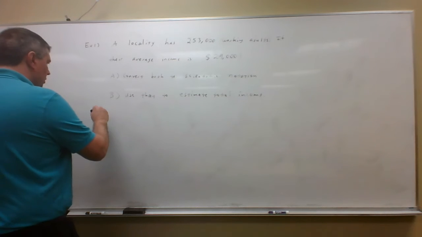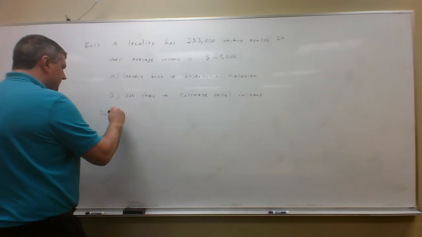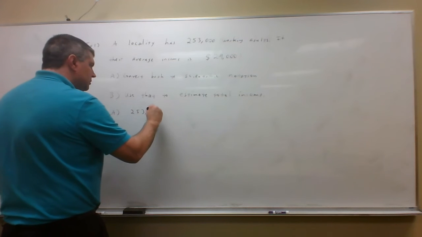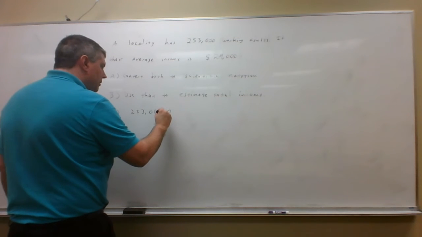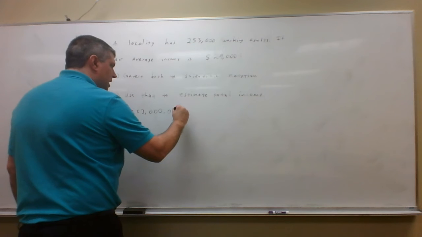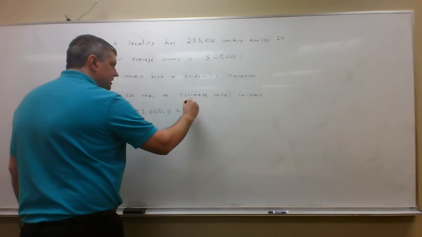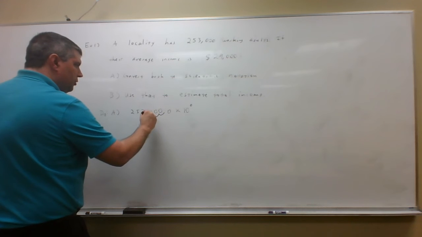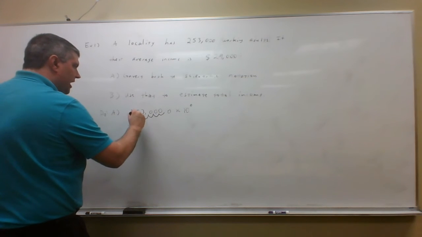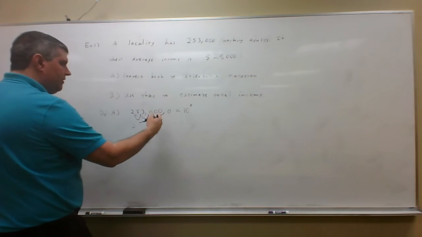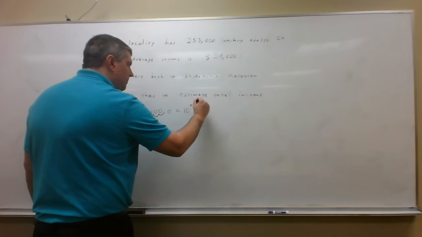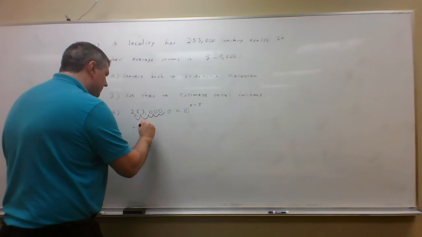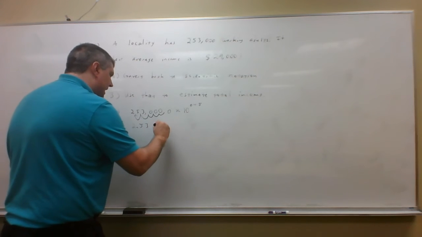So do A, 253,000.0 times 10 to the 0th for now. 1, 2, 3, 4, 5. So I went left 5, that means I'm going up 5. Okay, so that's 2.53 times 10 to the 5th.